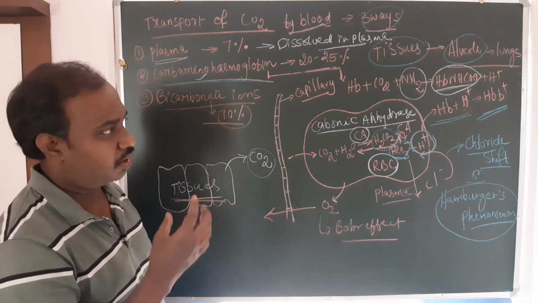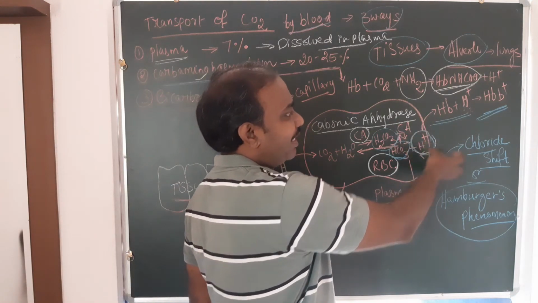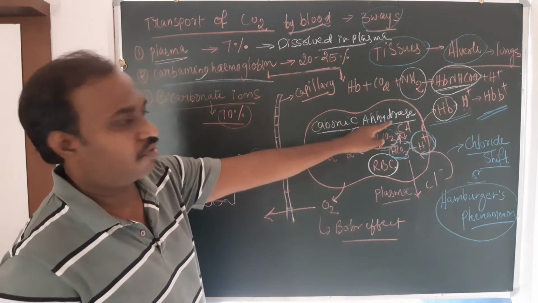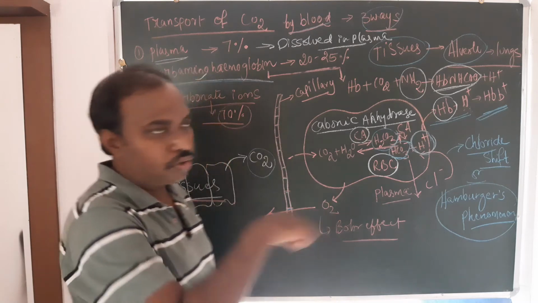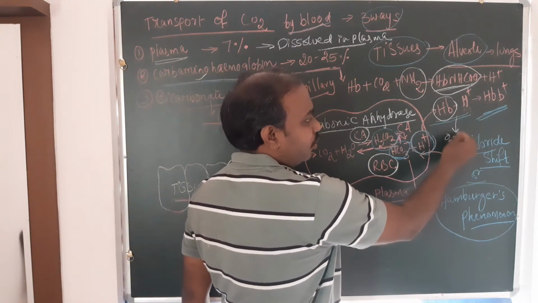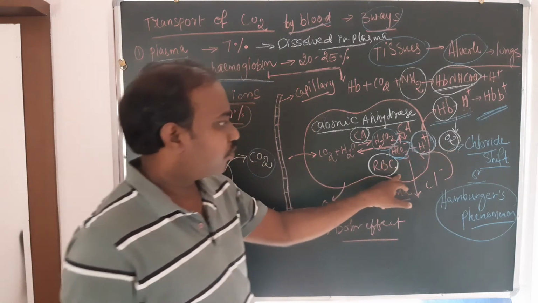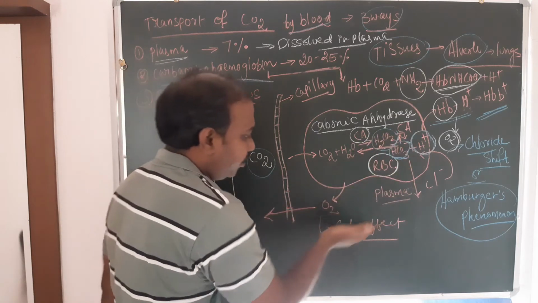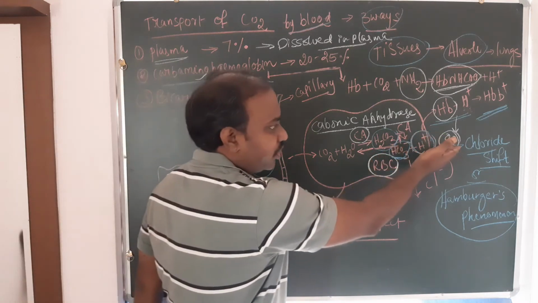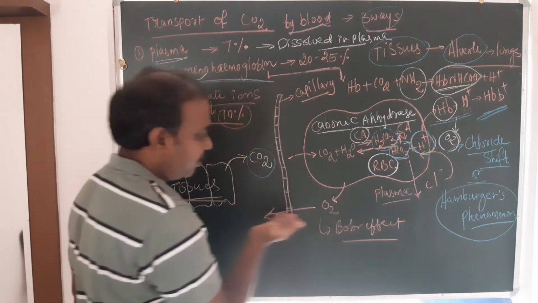These H plus ions get attached to the hemoglobin, and as a result whatever O2 is attached is released into the RBC, and from there into the plasma, into the tissues. So this O2 is being supplied.